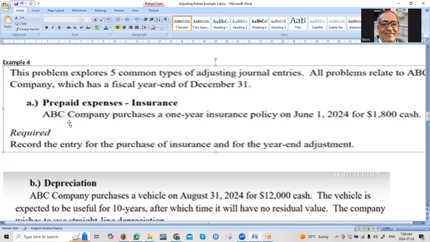ABC company purchases a 1-year insurance policy, but they didn't buy it at the start of the year.